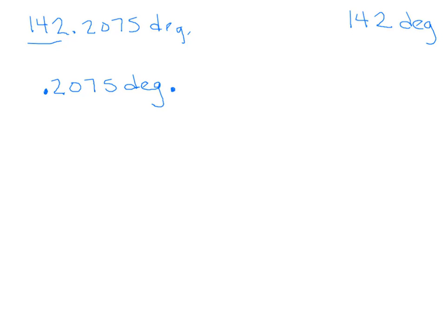And the first thing I'm going to do is I'm going to change it into minutes. So I'm going to say 60 minutes is equal to 1 degree, right? So if I multiply that out, somebody over there is really quick on the calculator. I'll let you do my calculator stuff. So what's 0.2075 times 60? Calculator person. 12.45.